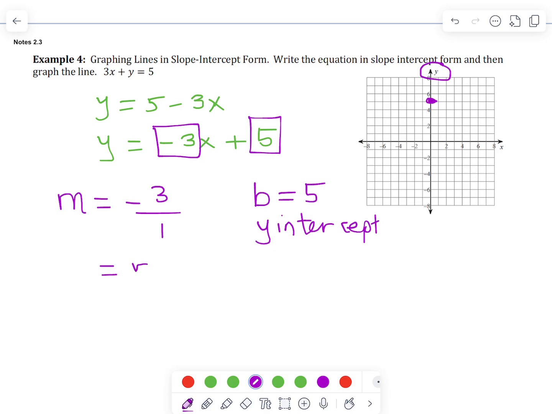So we're going to go down 3, so 1, 2, 3, and then right 1, and then create a point. And we're going to go down 3, and then right 1, and then create our point, and continue that pattern. And then we can create our line.